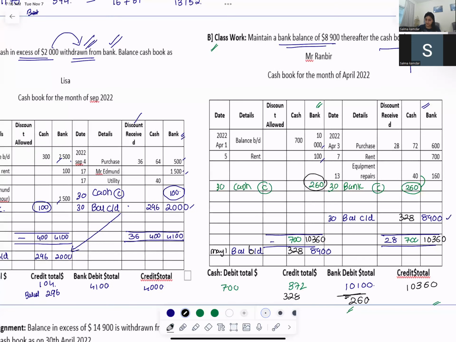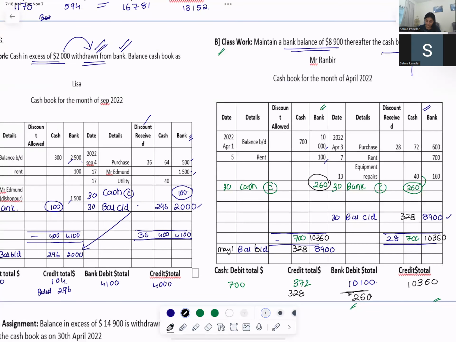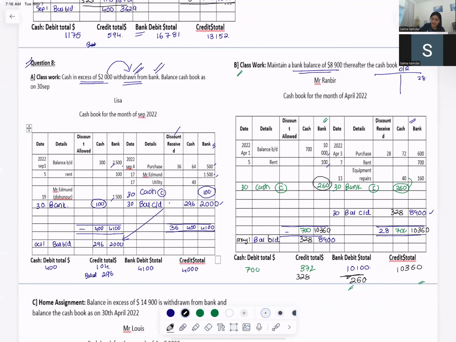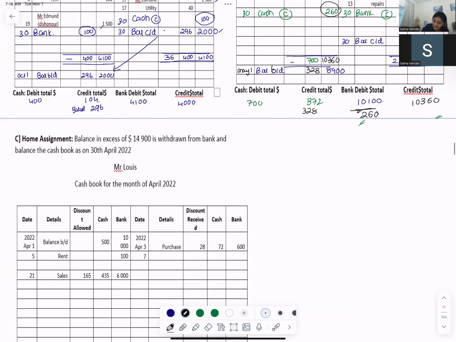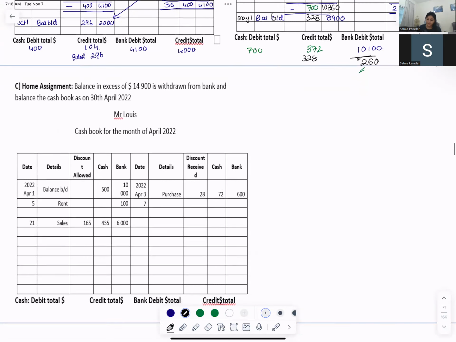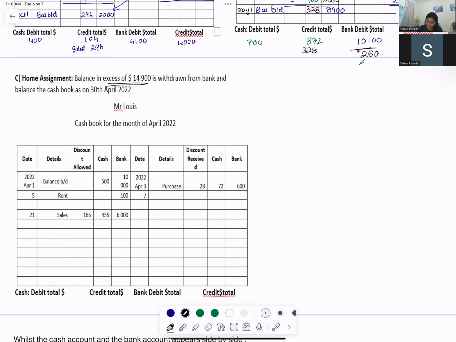Let's go to the next one. Balance in excess of 14,900 is withdrawn from bank. That means there is something that is withdrawn from the bank and it is coming in the cash.